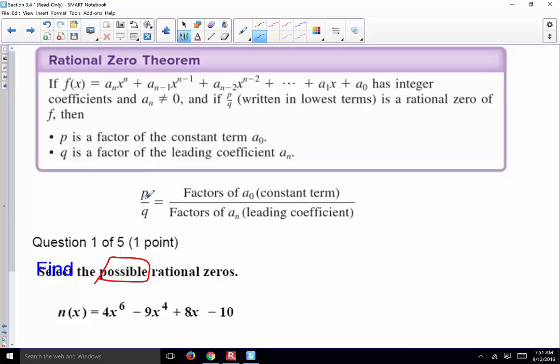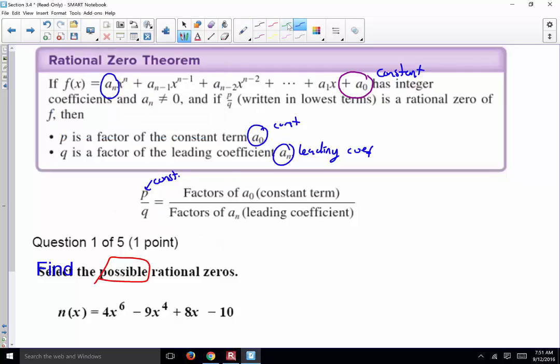The first number comes from a factor of the last number in the polynomial, which we call the constant term, and the second comes from the first number, the leading term, or leading coefficient. You simply check out their factors and pair those factors, one in the numerator, one in the denominator.